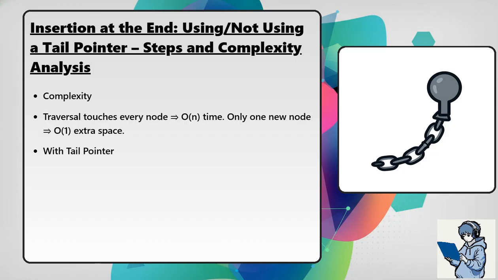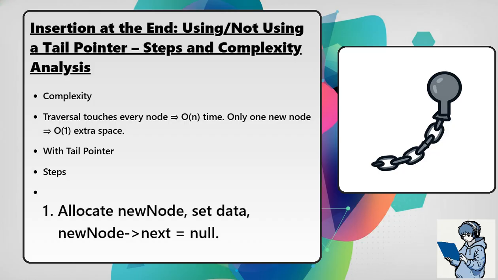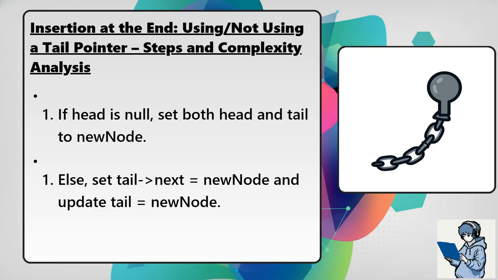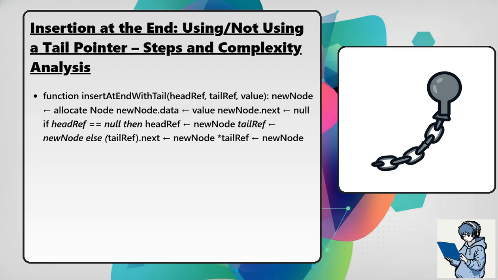With a tail pointer. Steps: allocate a new node, set data, set newNode next equals null. If head is null, set both head and tail to newNode. Else set tail next equals newNode and update tail to newNode. Define function insertAtEndWithTail with headRef, tailRef, and value. Allocate newNode. Set newNode data to value.